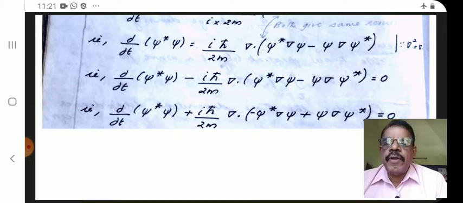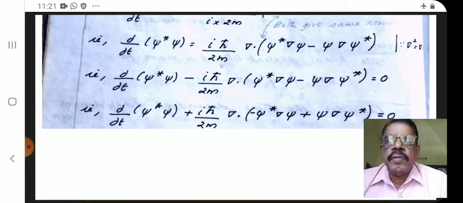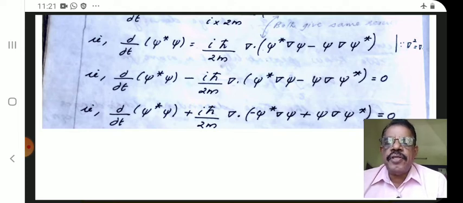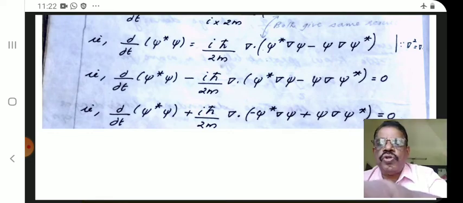From the second term, one minus sign is also taken out. That is ∂/∂t of ψ*ψ plus iħ by 2m del. Then the term inside becomes minus: since we have taken one minus sign, minus ψ* del ψ plus ψ del ψ* equal to 0.